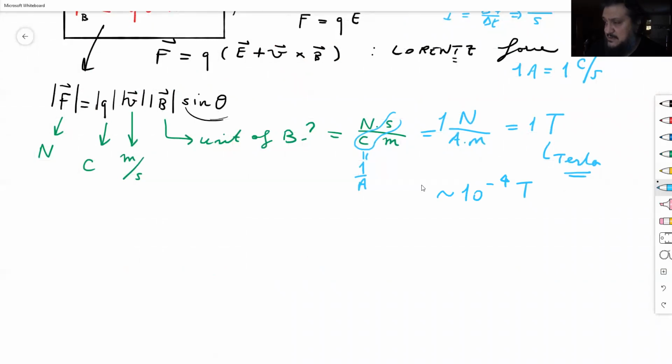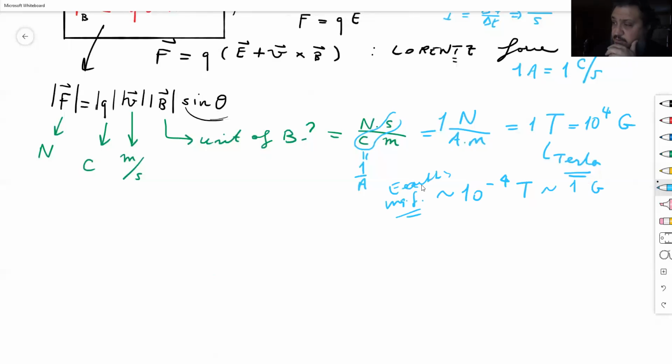So 1 Tesla would be equal to 10 to the power 4 Gauss. All right, so this is Earth's field. Earth's magnetic field. Whether it's Tesla or Gauss.